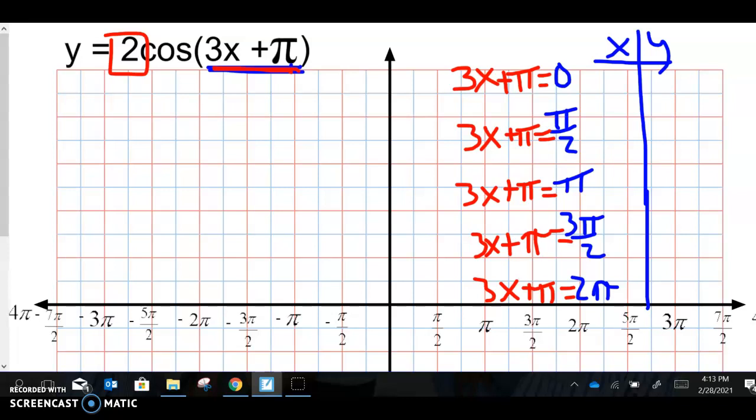So then I have to do a little algebra here. I have to subtract pi. That gives me negative pi. And then divide by 3, right? So negative pi over 3 is going to be my first x coordinate, okay? Same thing here. I'm going to subtract pi from pi over 2. Now, guys, don't do that on your calculator with the pi's in there because you're going to get a weird, irrational number, okay?